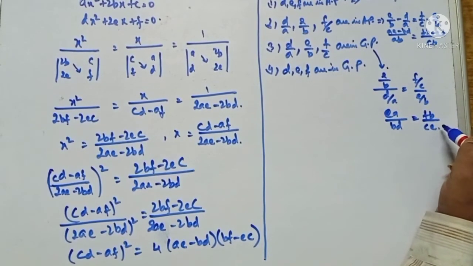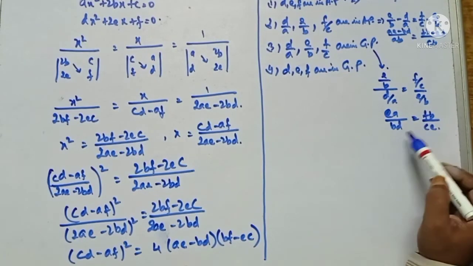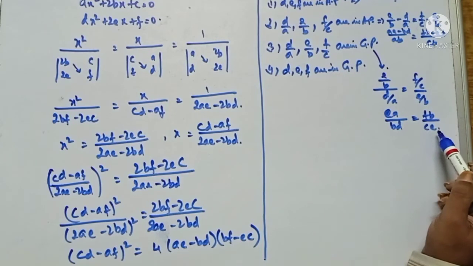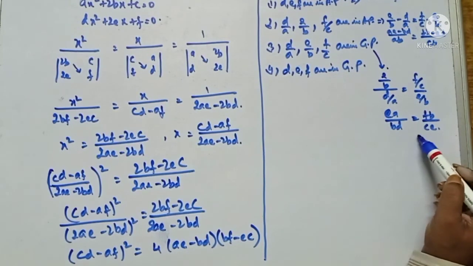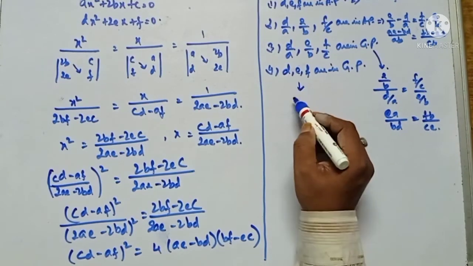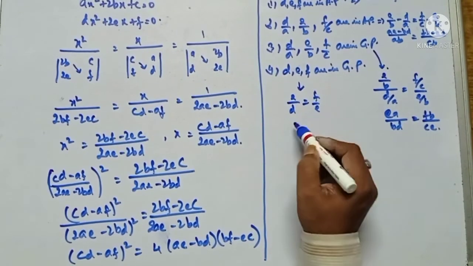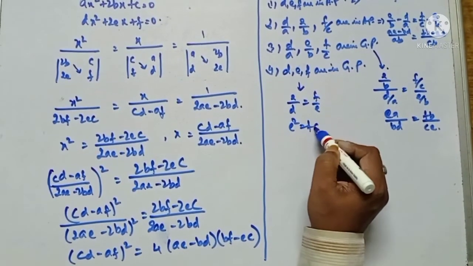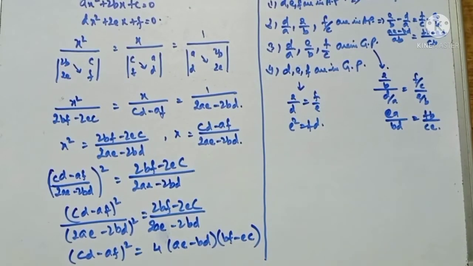Now here again you see that I cannot get any help from here. And from this fourth option, E by D is equal to F by E, the same, E square is equal to FD. From this also you can see you are going to get no help in solving this equation.